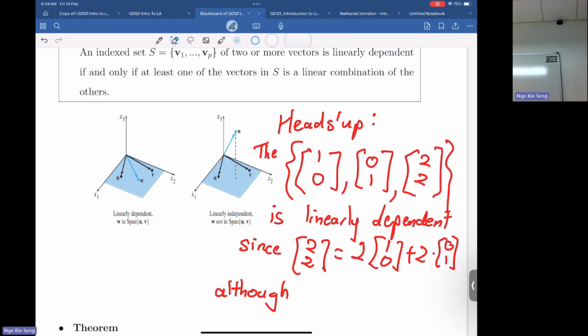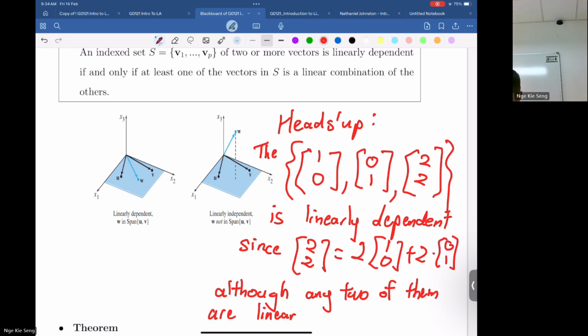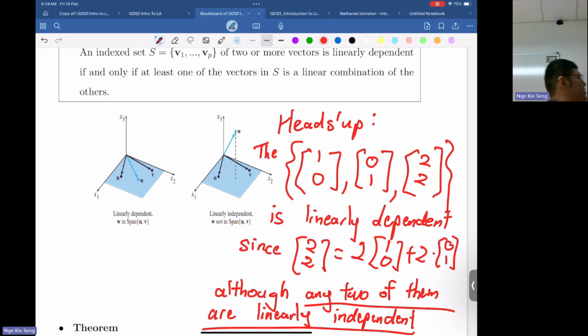But once you put all three together, they become linearly dependent. Try and show this. Take any two of them. (1, 0) and (0, 1) we already showed. There are two more possibilities: (1, 0) and (2, 2), and (0, 1) and (2, 2).